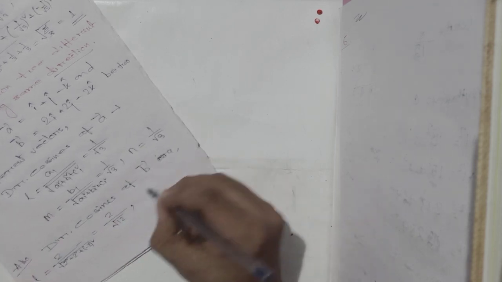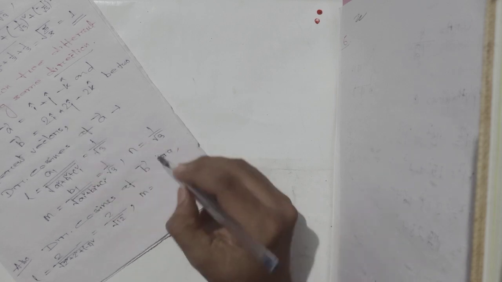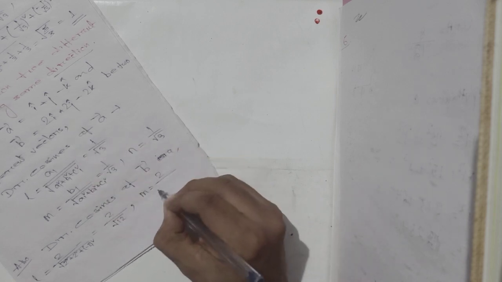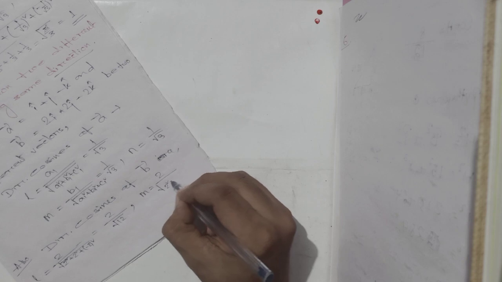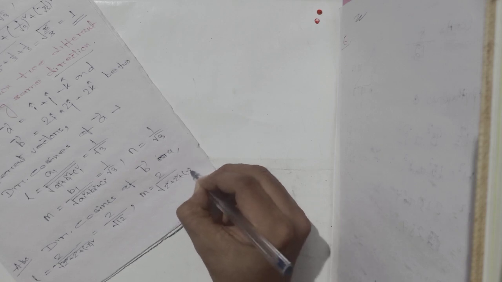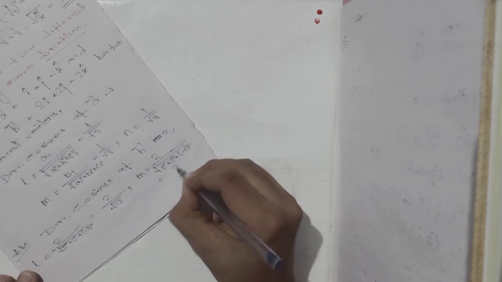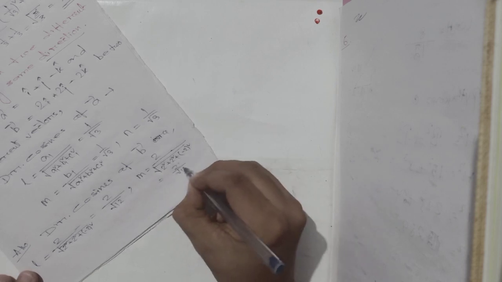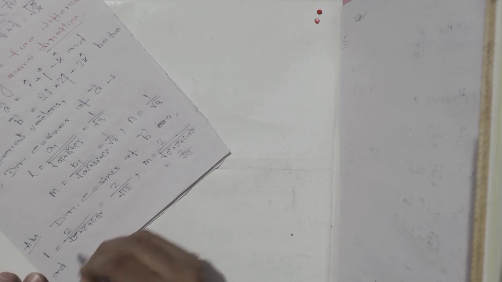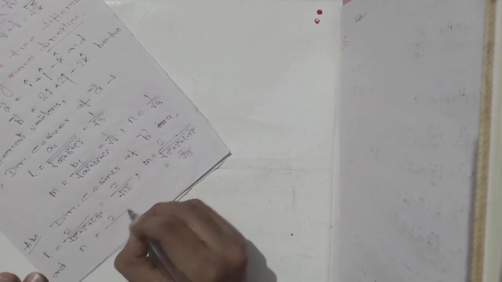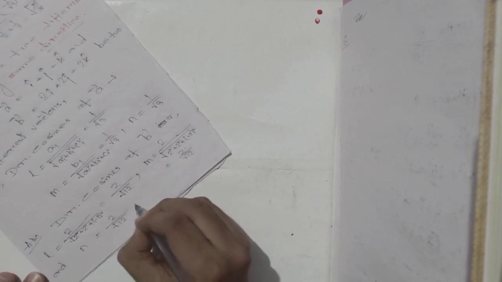M equal to 2 by root over 12, and N is also 2 by root over 12.